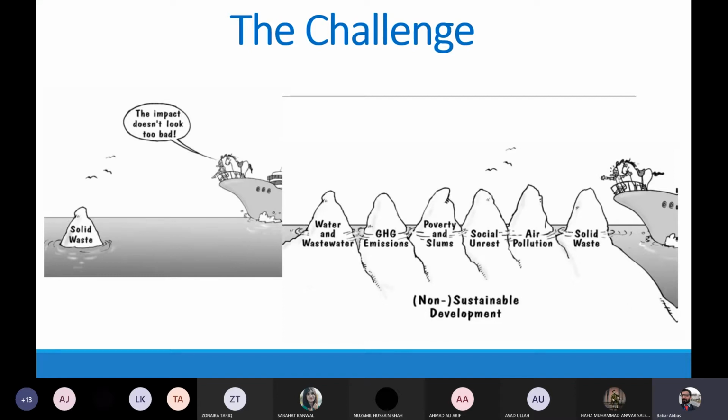But the process is natural, and it starts after the disposal of solid waste, and it starts emitting greenhouse gases into the environment, which is causing global warming and climate change.